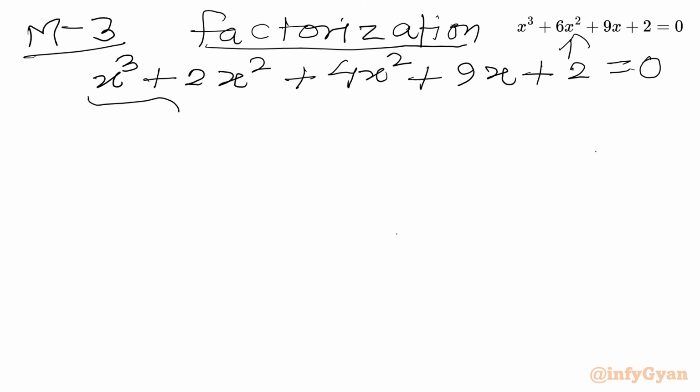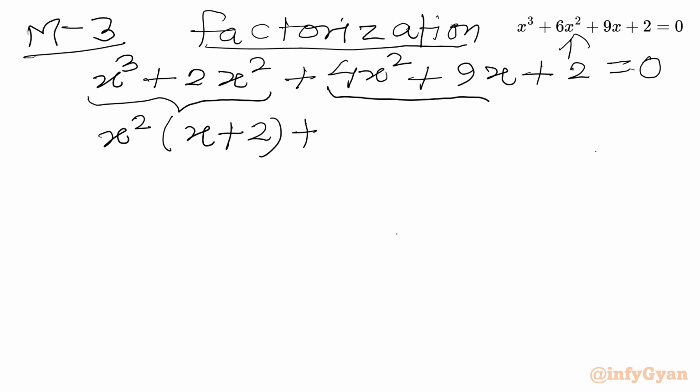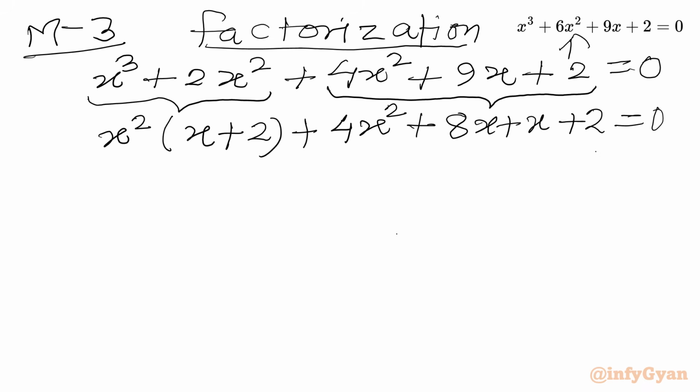Now from first two terms we can have x square common. In bracket we will get x plus 2. Now we have 4x square plus 9x plus 2. Here I am going to split 9x in 8x plus x. So let's write 4x square plus 8x plus x, this is 9x, plus 2 equal to 0.